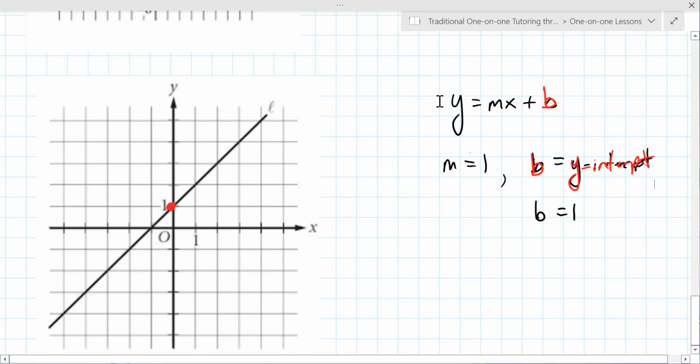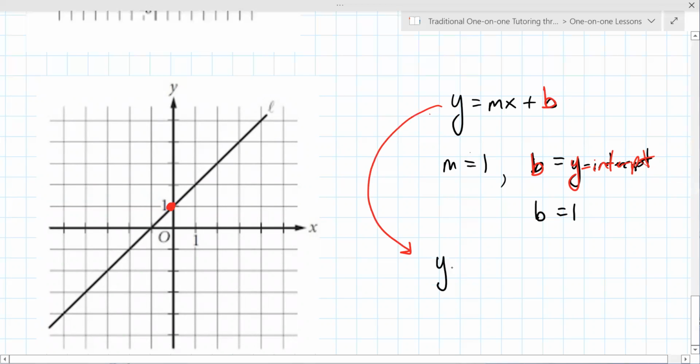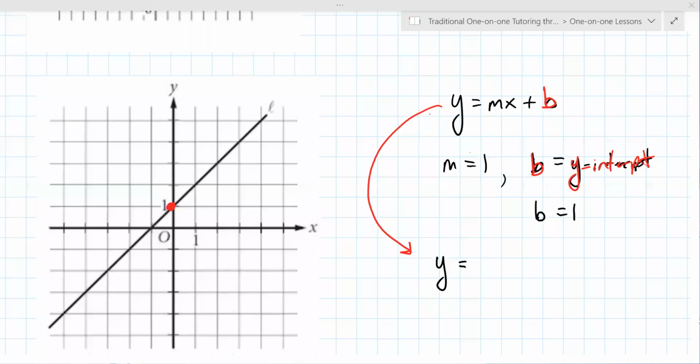Okay, now in this equation up here, can you tell me the equation substituting 1 in for m and 1 in for b? What is the equation? Y equals, the y is a 1.